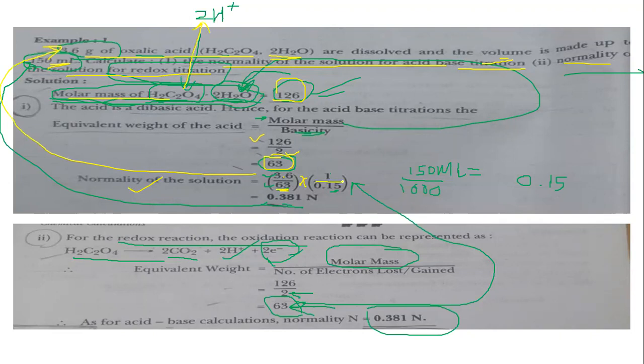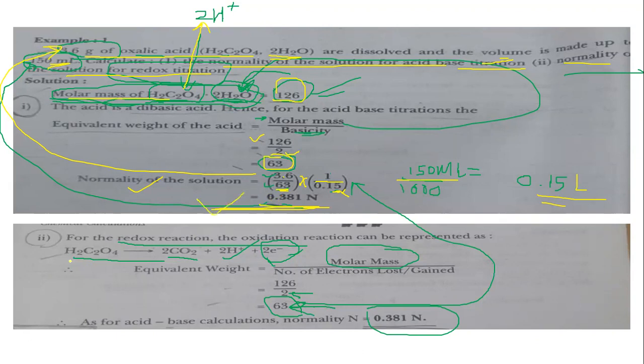The ml is converted to liters, and 150 ml upon 1000 gets converted to 0.15 liter. So after calculation, the normality you are getting is 0.381. You can see it on the screen.